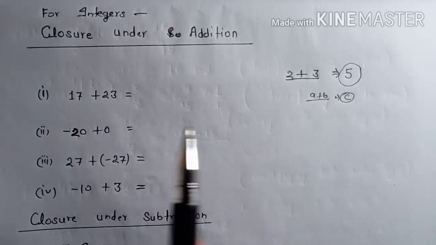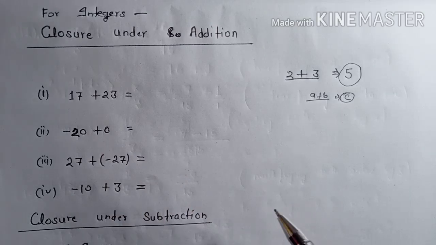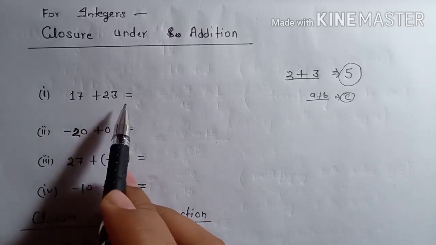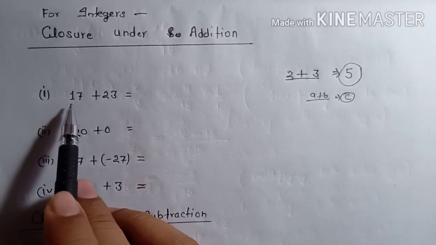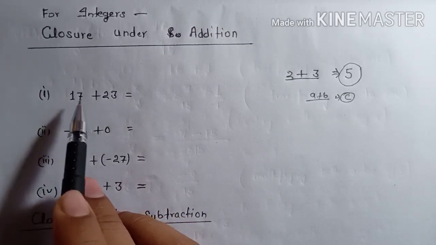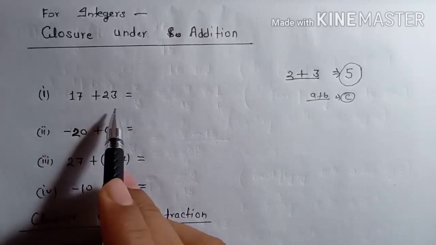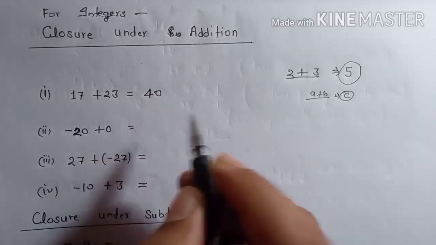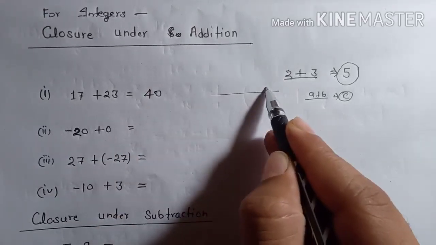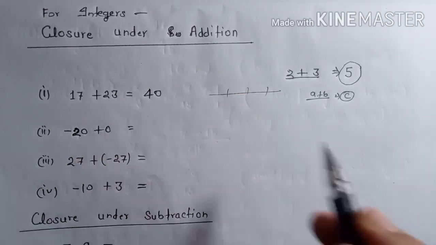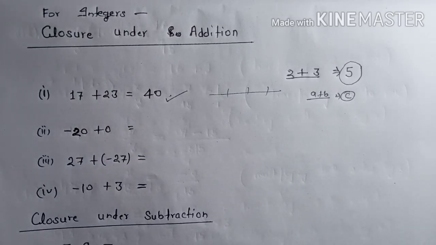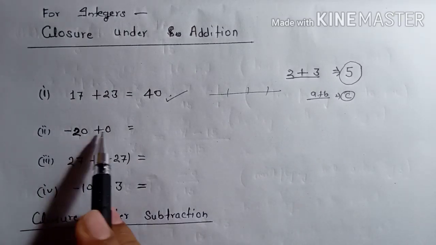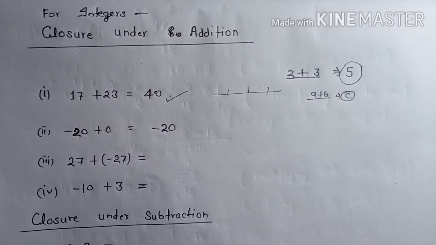First add two integers and check your result. Is it an integer or not? We have two integers 17 and 23, and the sum of 17 and 23 is 40. And you know, on the number line these all are integers. Add -20 and 0 and the result is -20.